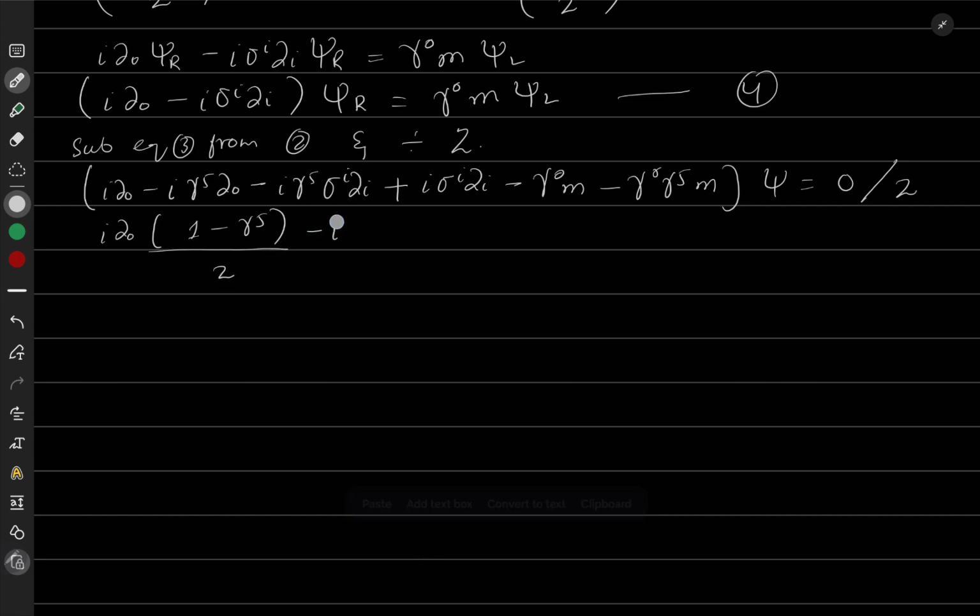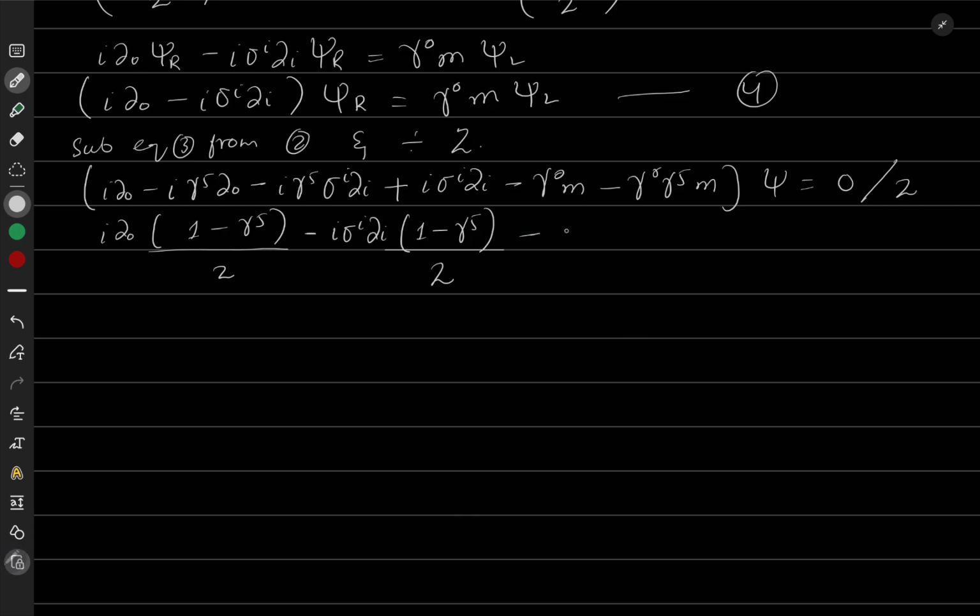If I take minus outside, iota sigma I di, I take these terms common, so I will get 1 minus gamma 5 upon 2, and that will be my left chiral operator.